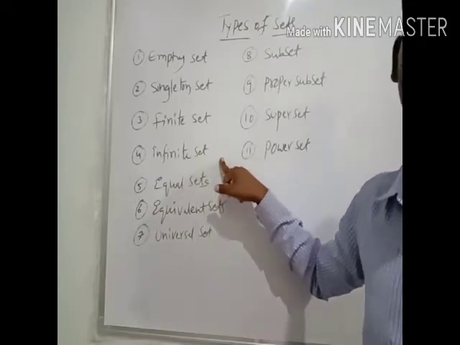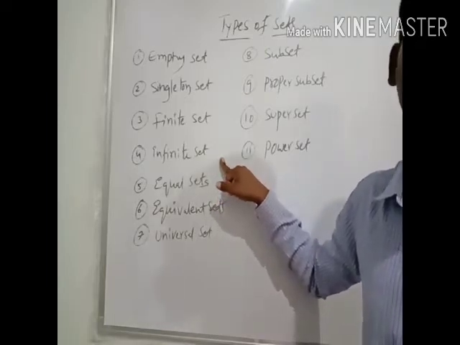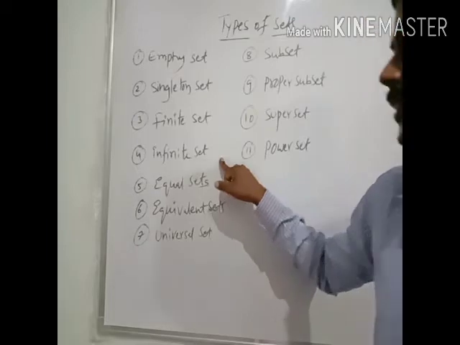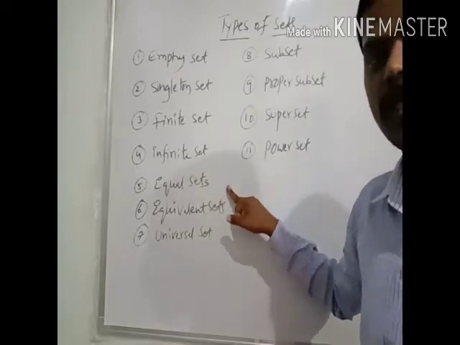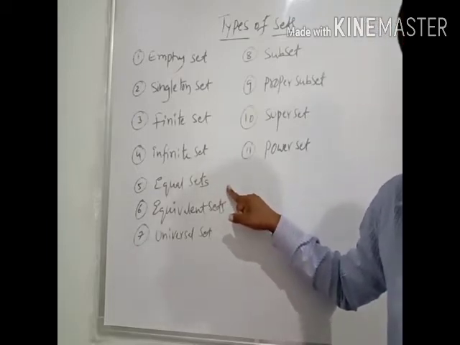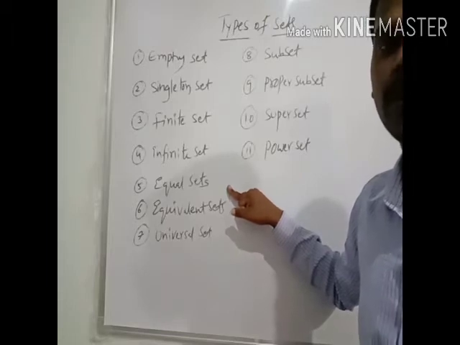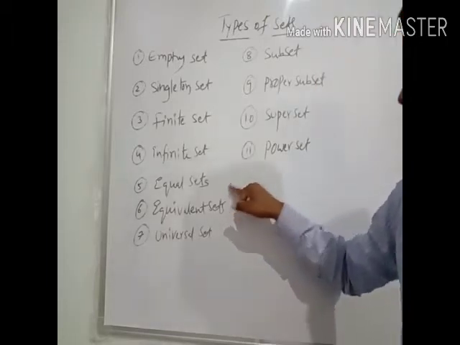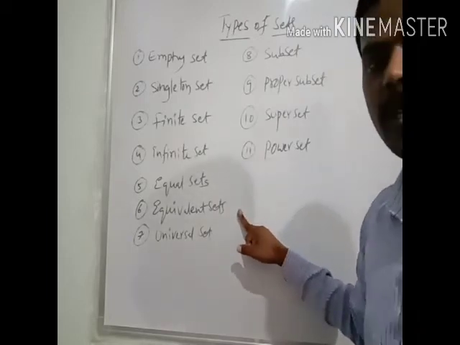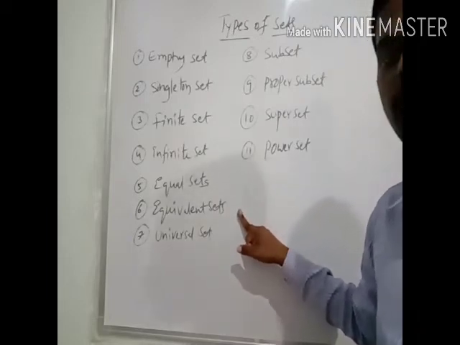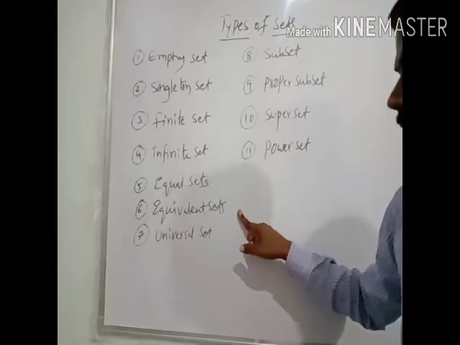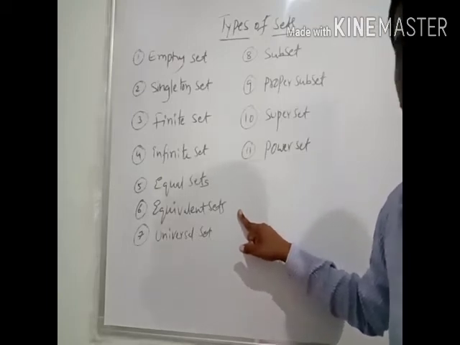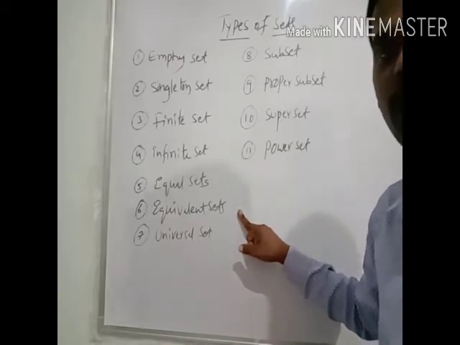Infinite set: a set containing uncountable number of elements. Equal sets: two sets are equal if they have the same elements in both sets. Equivalent sets: if two sets A and B are equivalent, that means the cardinal numbers of the two sets are equal.